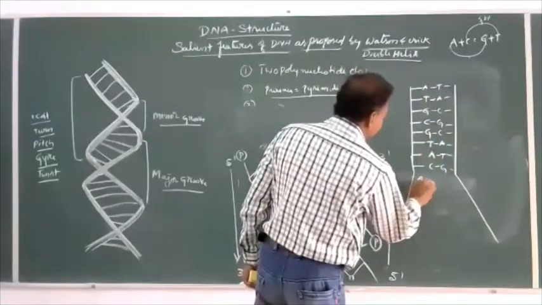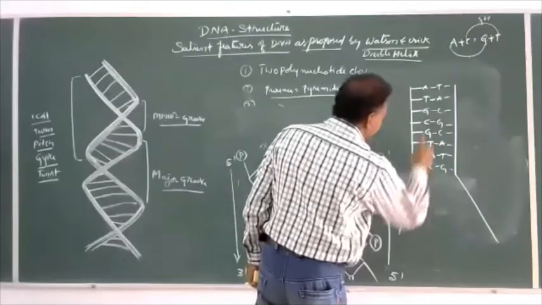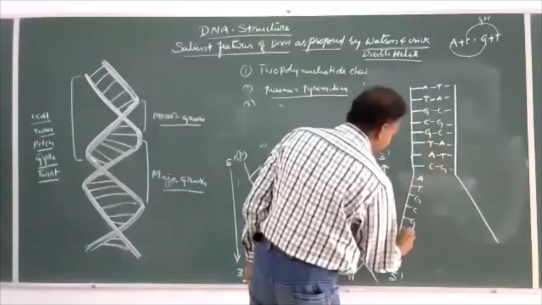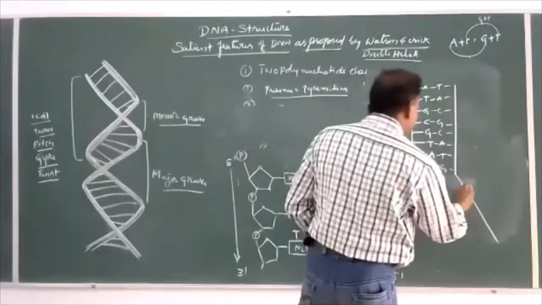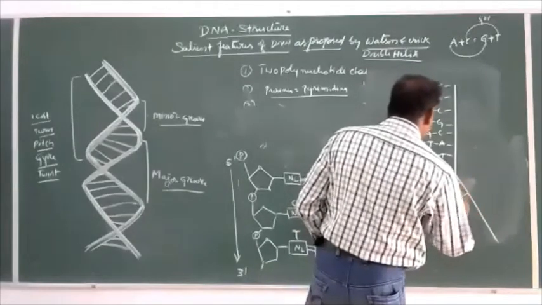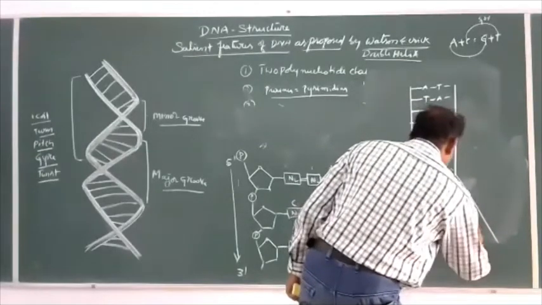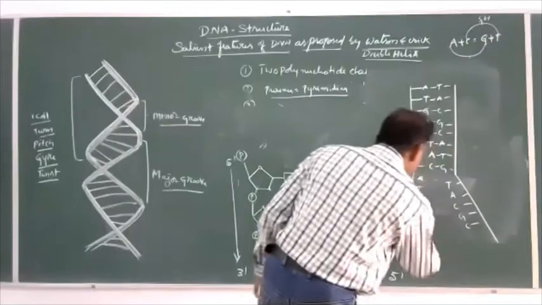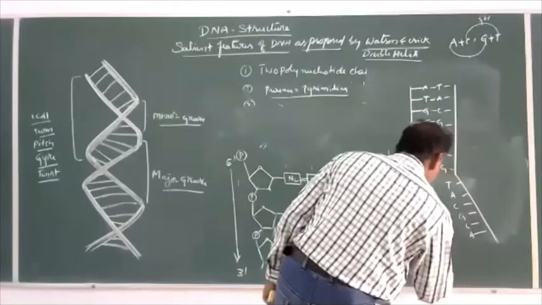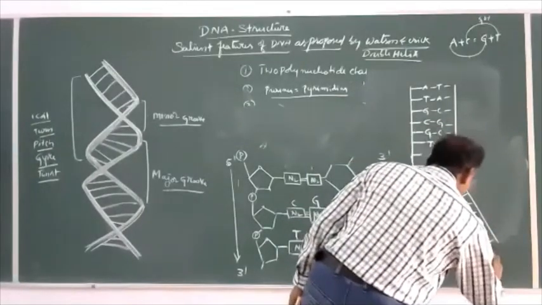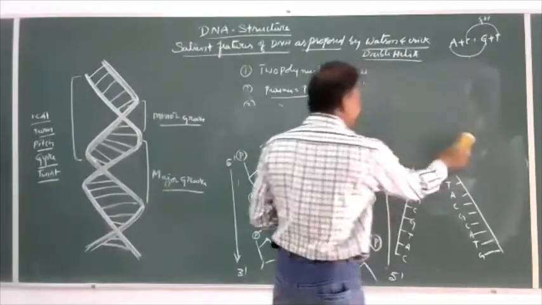For example, A is here, T is here, G, C, G, A, T, G, C, G, T, A, C. These are T, A, C, G, C, A, T, T, A, G, C, C, G, G, A, T, G. If these two strands are separated, for example, like this.